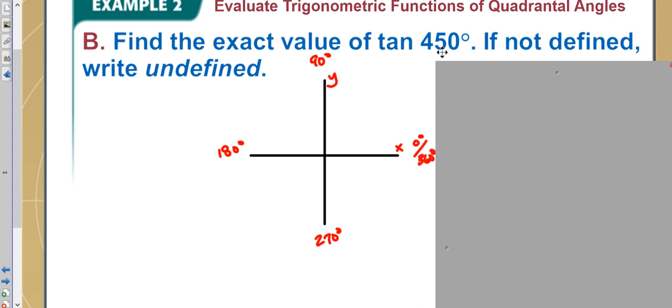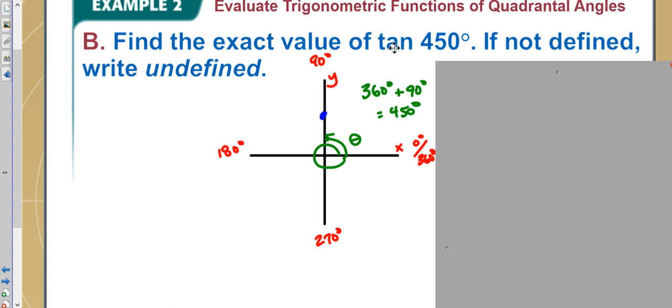But we're still not there. Notice 450 is another 90 degrees left to go. So we go all the way around to get to 360, and another 90 to get to 450. That's how we get there, because 360 plus 90 equals 450 degrees. Now, if that's the case, I have a point somewhere on here.